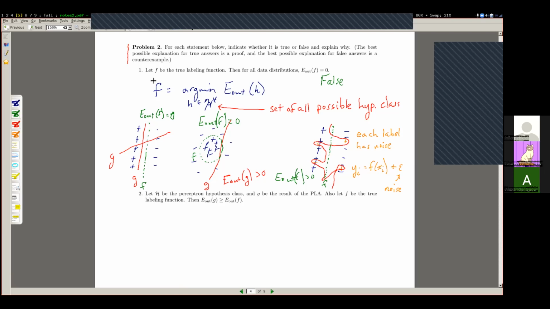I'm having trouble wrapping my head around the idea of the ground truth function. Why are we getting an error greater than zero on the test data? Yeah, so the question is, if F is the ground truth, how can it not be perfect?